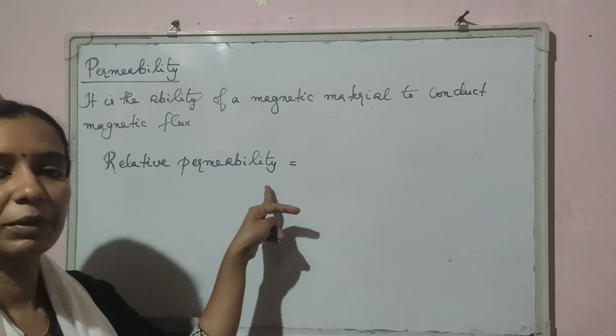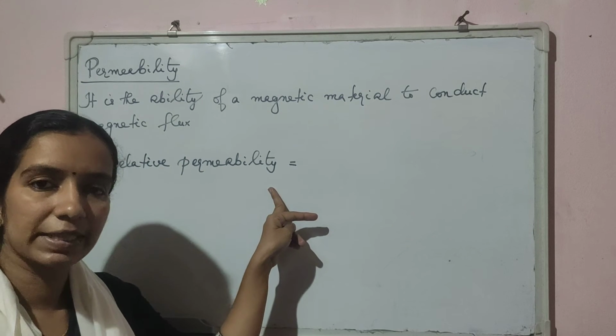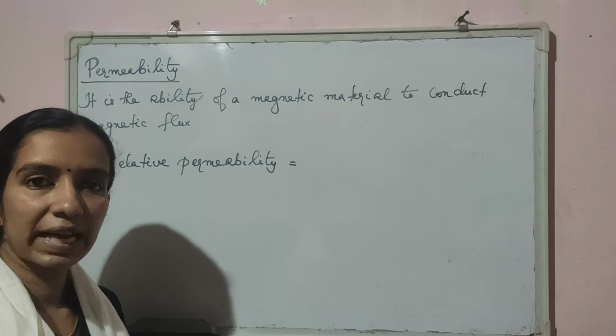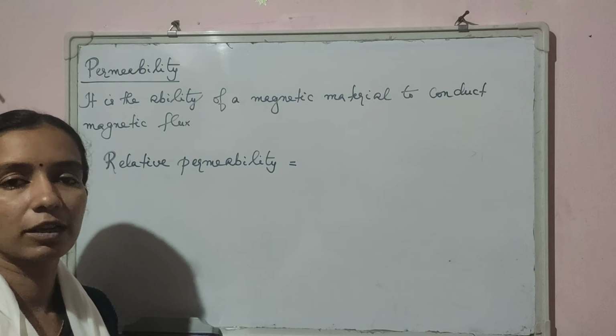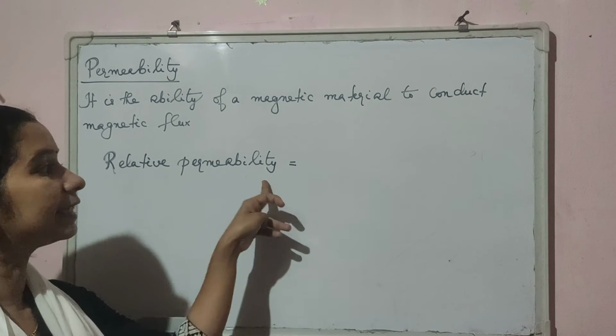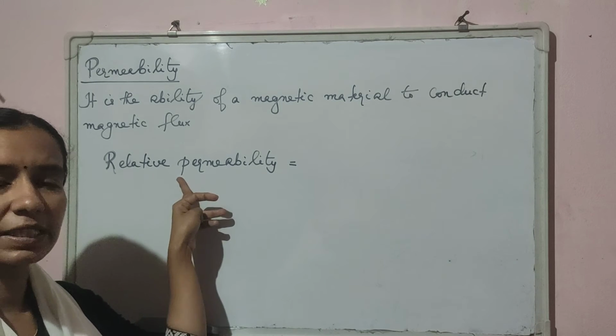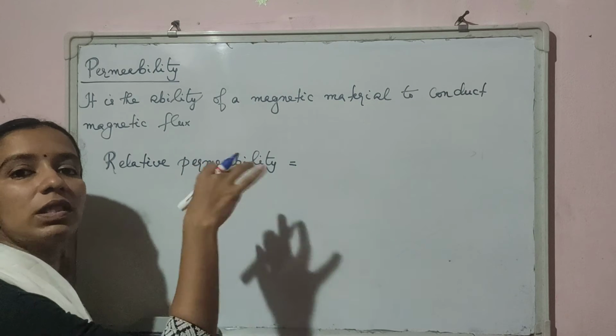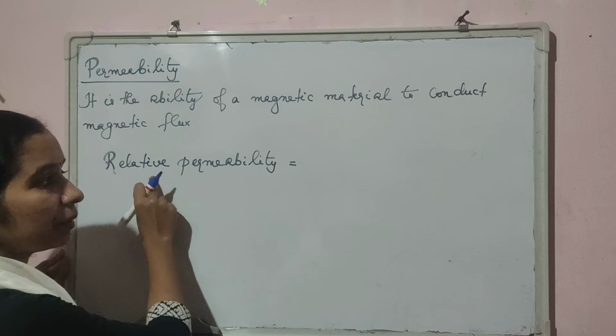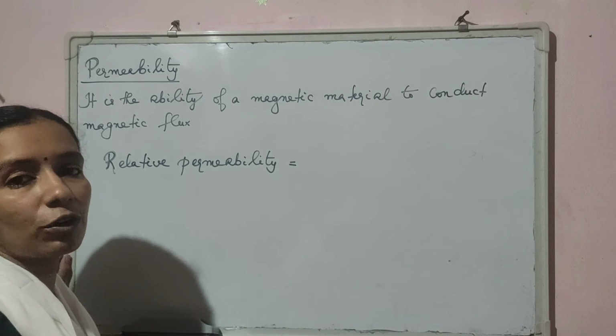So relative permeability of a medium is the permeability of that medium with respect to the permeability of free space or air. The word relative means the permeability of a medium relative to some other medium, and that other medium is the free space or air.